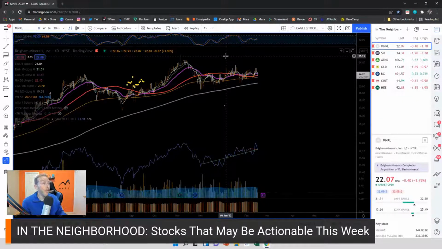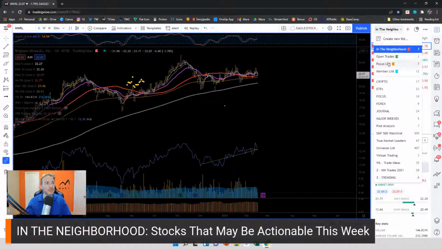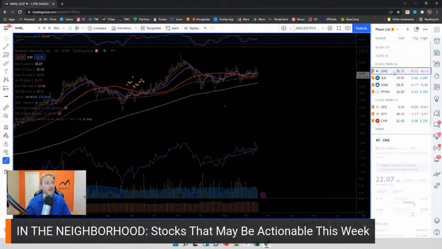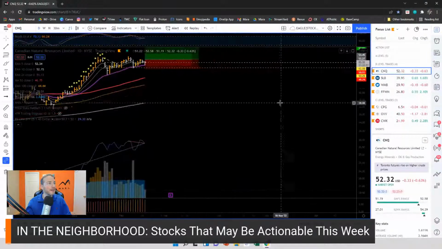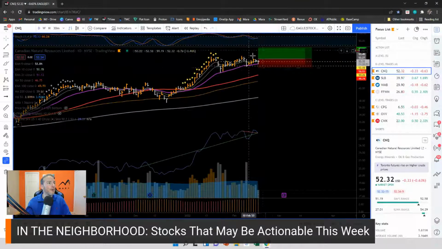But also because it could be dramatically different in a couple of days. Like the one we mentioned before, this one here, where it was starting to get support around the 21-day exponential moving average.